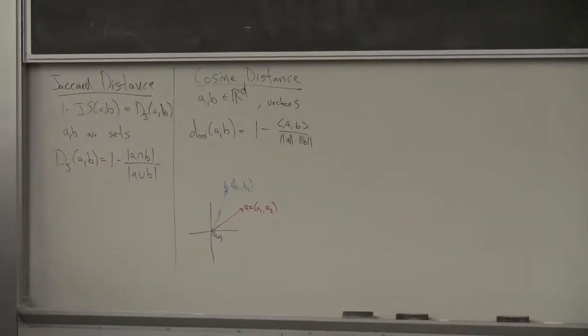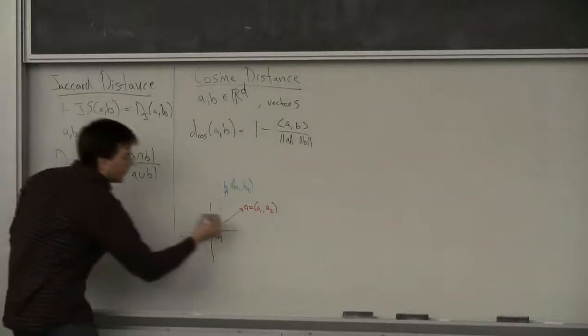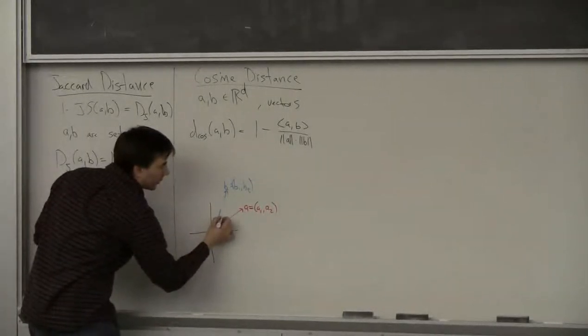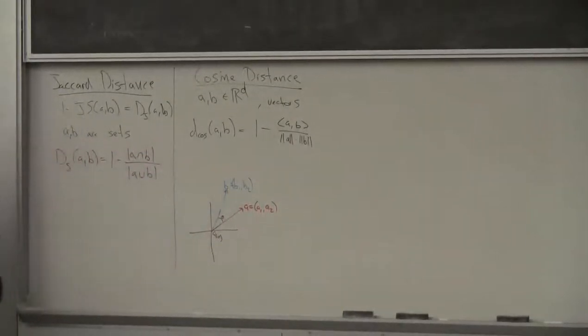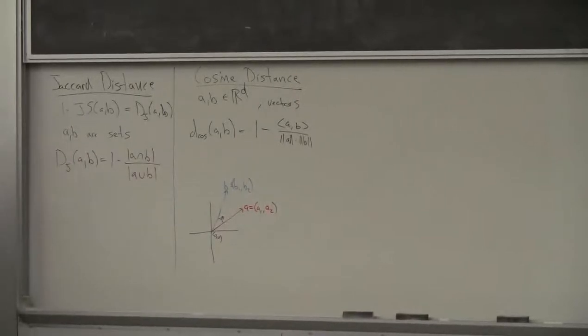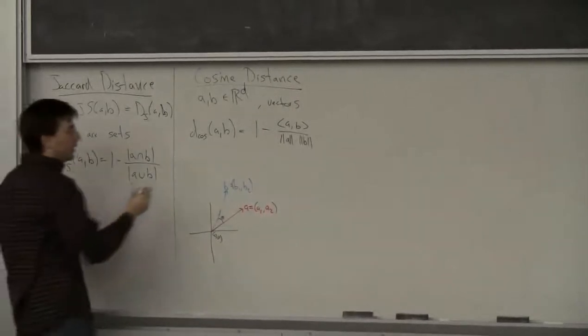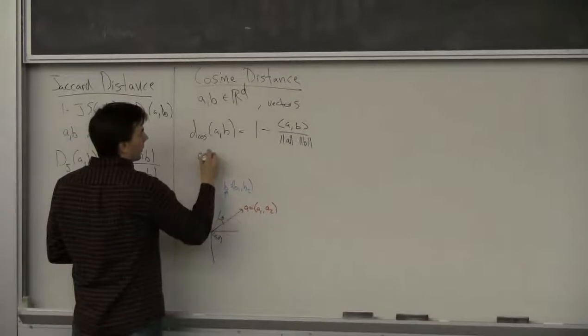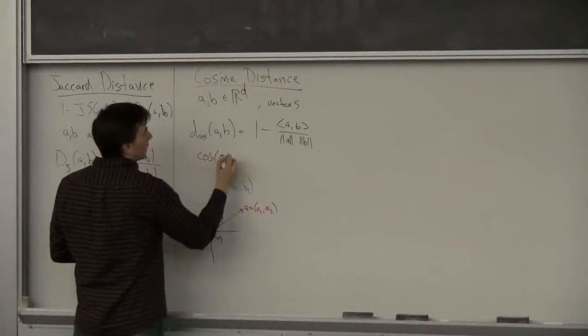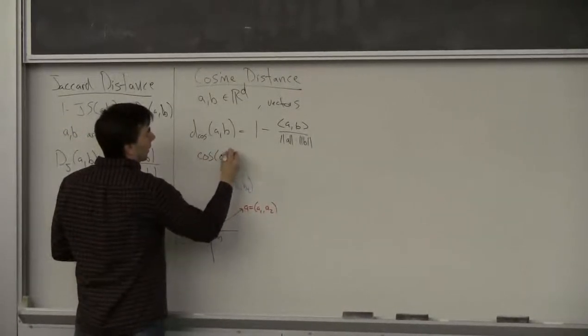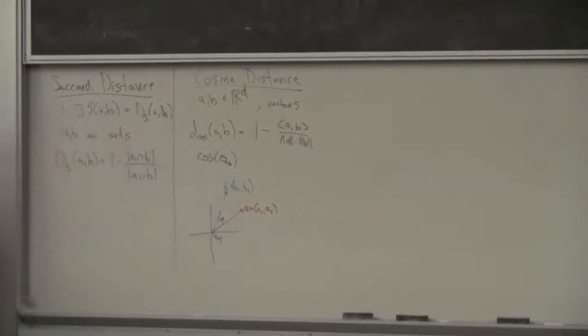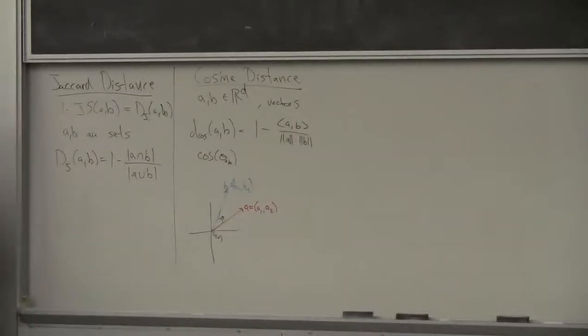So what I want to measure is something to do with the angle between these vectors. And so how do I define the cosine of this angle between A and B? Do I know how to write this in vector notation?